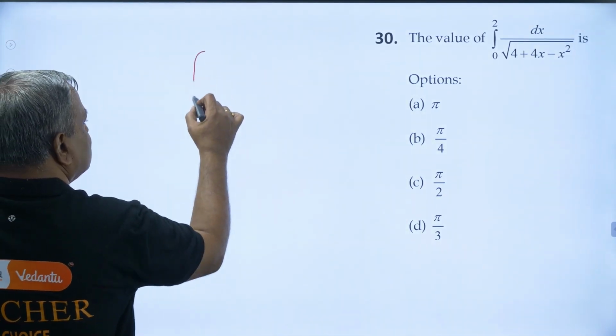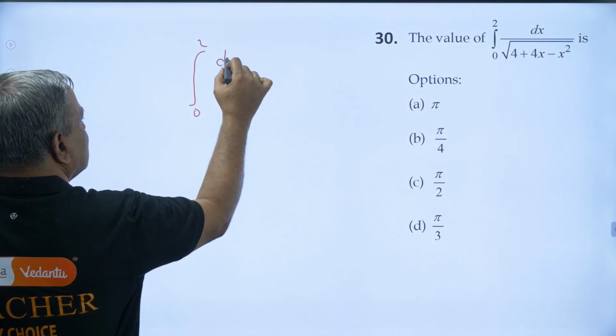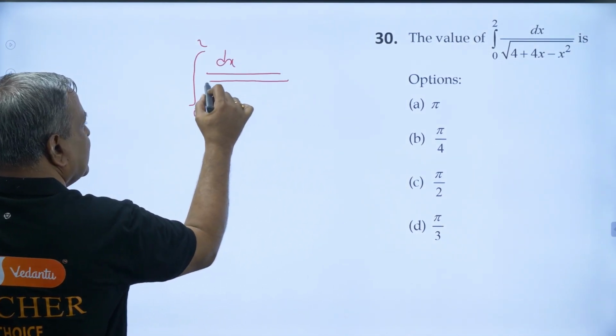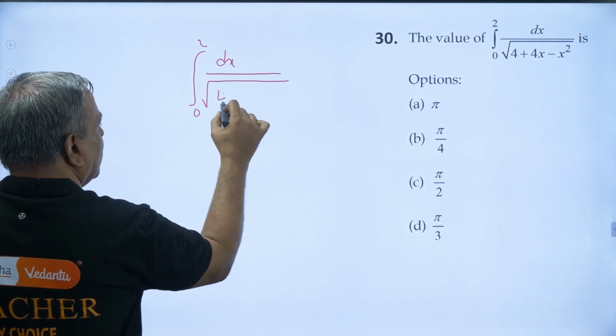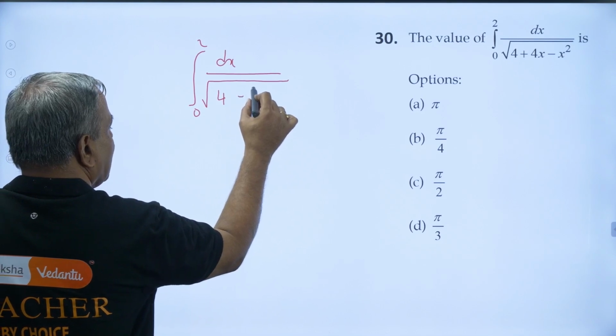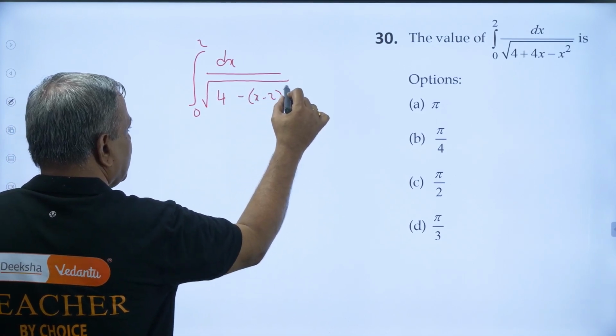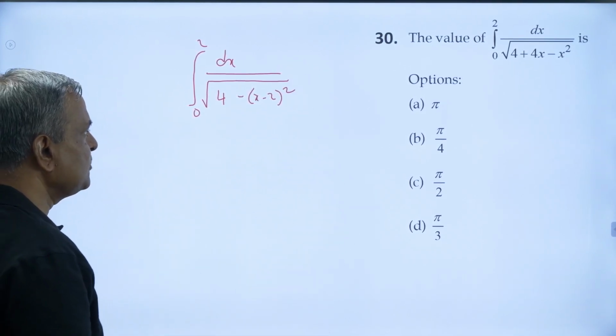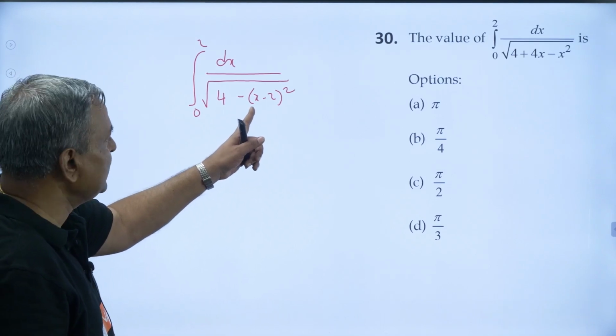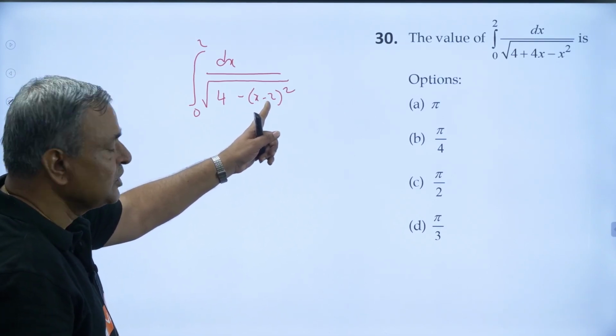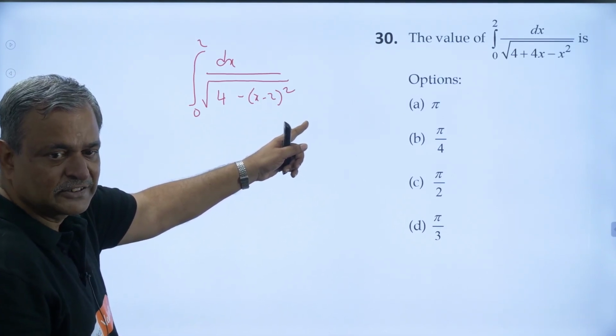Integral from 0 to 2 of dx by under root of 4 minus times of x minus 2 whole square. Just check what I should write here. Minus x square is correct, plus 4x is correct. What x are we getting? I am getting minus 4.